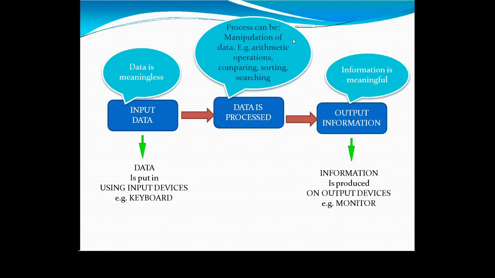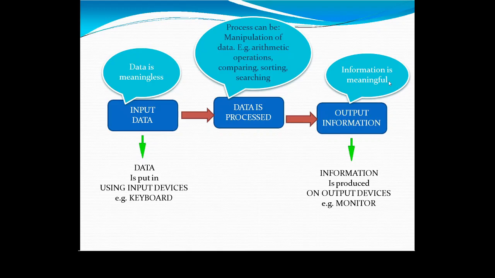Then this data is processed. Process can be manipulation of data, for example, arithmetic operations, comparing, sorting, searching. So that can be anything, manipulation of data, that is called processing. Then after processing, that will become information or output or result.